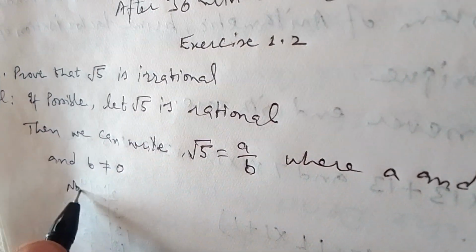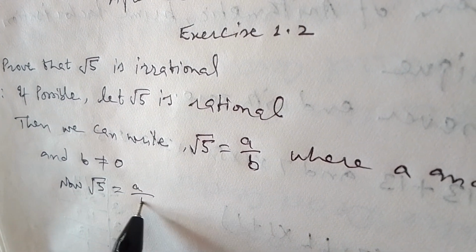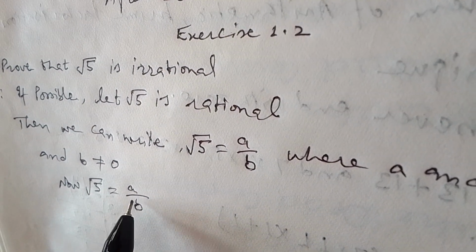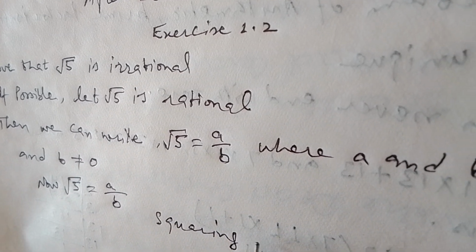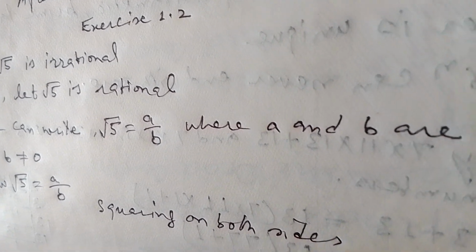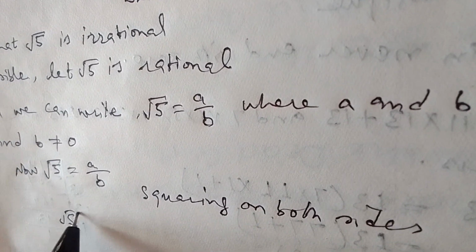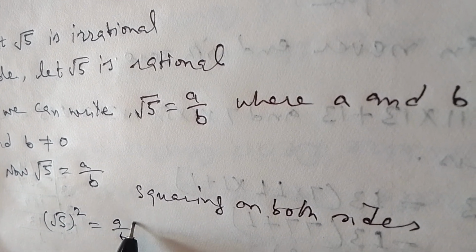So root 5 is equal to a over b. Squaring on both sides we get root 5 squared is equal to a over b squared.